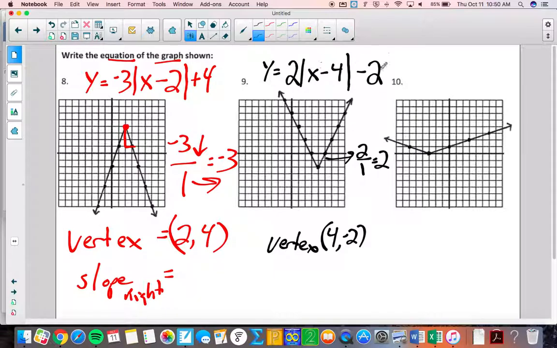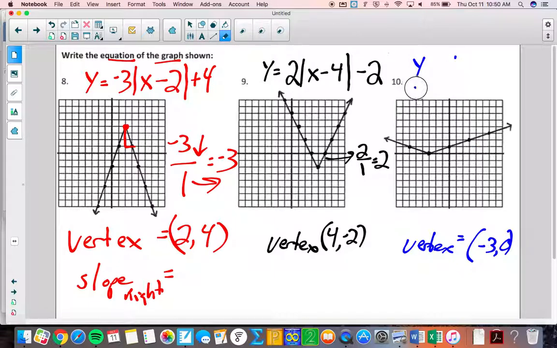Last one. So the vertex is at negative 3 comma 0. And the slope, well, let's start writing it. So I'm going to leave space for the slope, and we'll talk about slope in a second. The x value is whatever is getting subtracted from x.